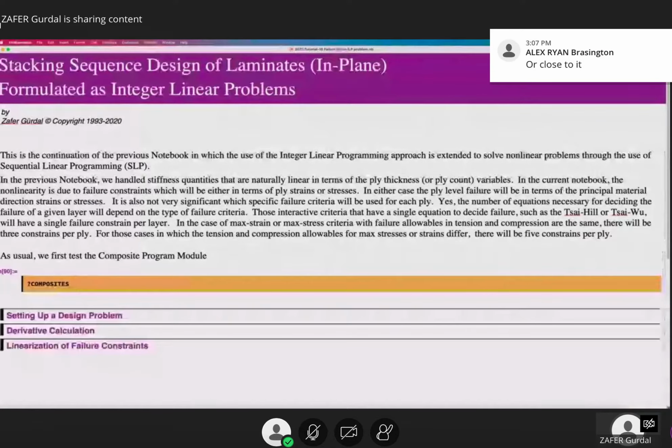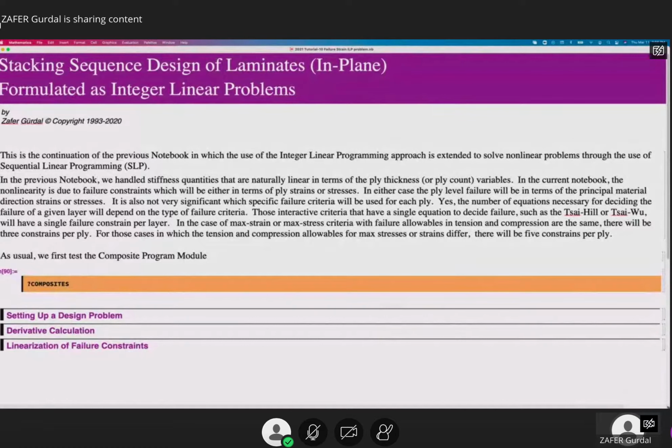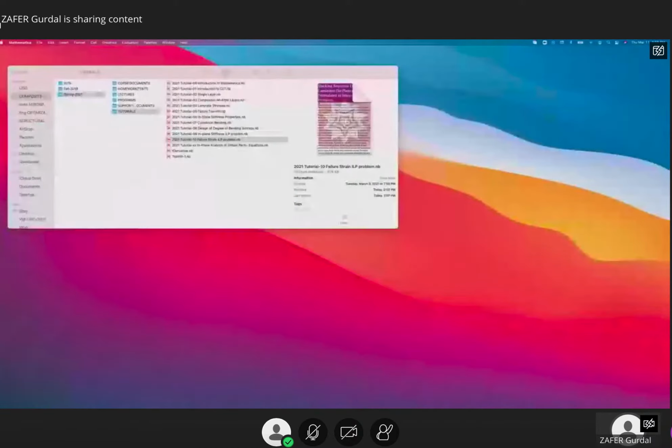Is that last equation the same as the stress calculations or close to it? Yes, indeed. In fact, once you compute, let me minimize this and get back my PowerPoint chart.